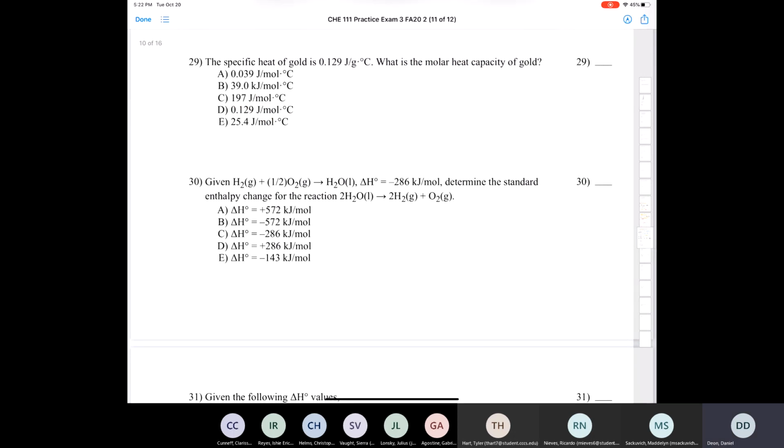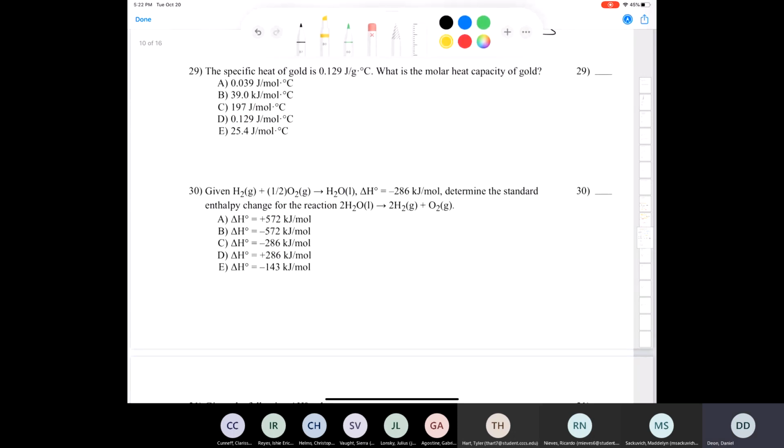Next question deals with specific heat again. We're given the specific heat of gold, which is 0.129 joules per gram degrees Celsius. What's the molar heat capacity of gold?